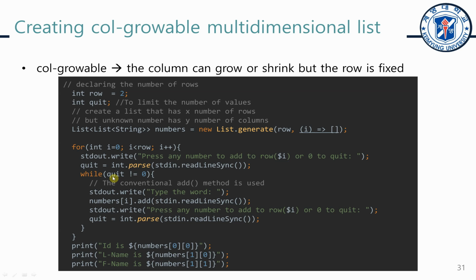So the column can grow. In this case, for the first row, we say press any number to add to row 0, or press 0 to quit. And then when the user presses some number, we go and type any word, and then press anything you want. We receive user input.